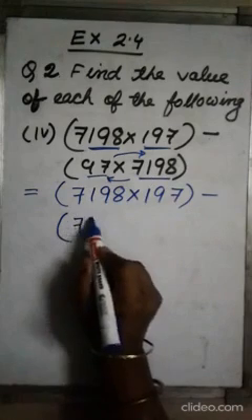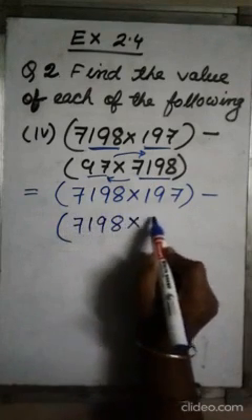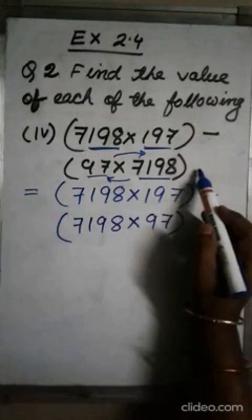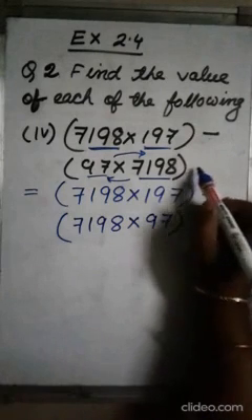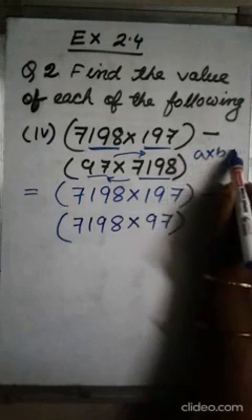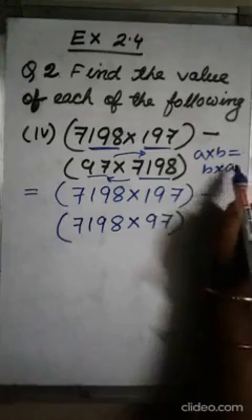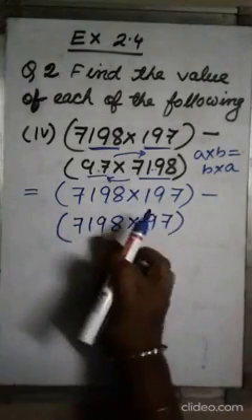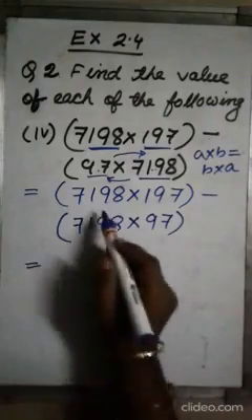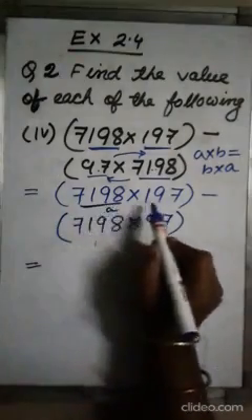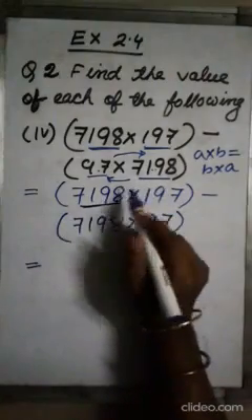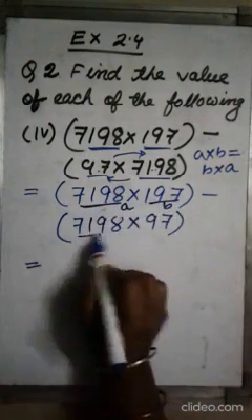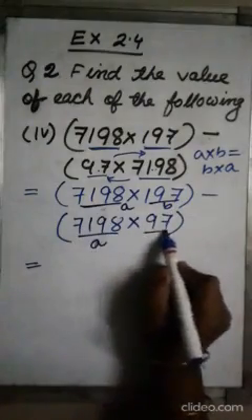So again 7,198 into 97. You remember commutative property we did in our last class? That means A into B is equal to B into A. So if this is A, this is B, this and this are same, so this is also A, this is C.